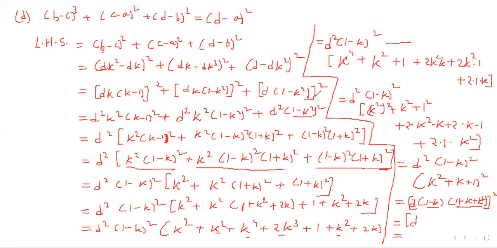Write this bracket as d into (1 minus k cube) whole square, multiply d with both: (d minus dk cube) whole square, and d is d and dk cube is a. So it is (d minus a) whole cube, which is the RHS.